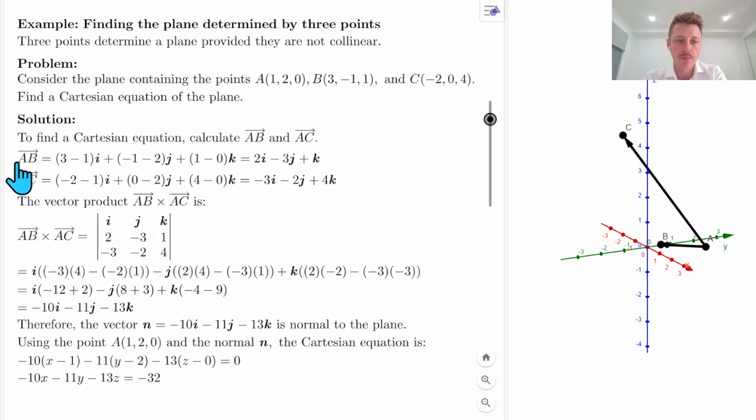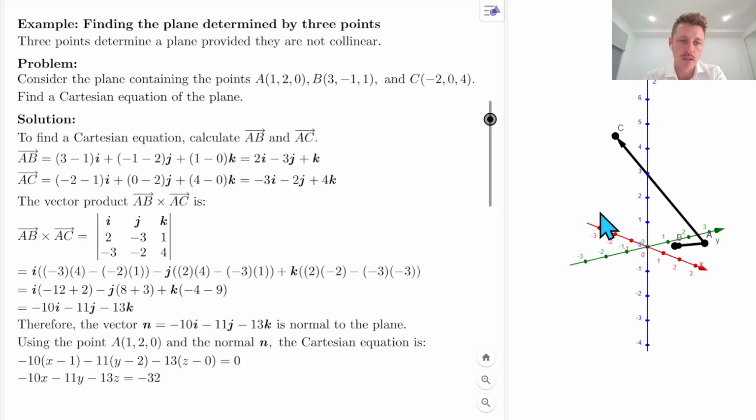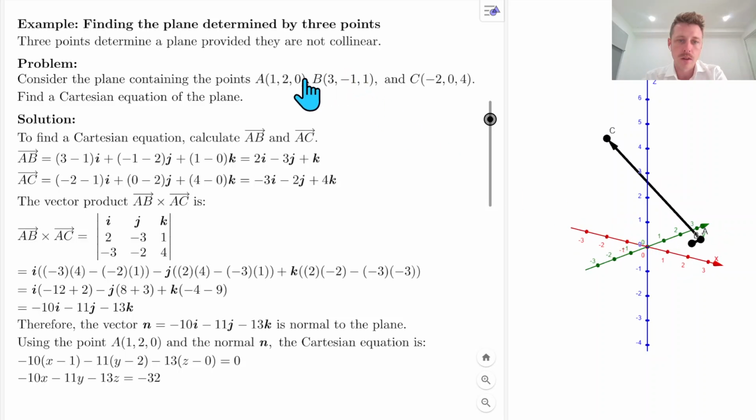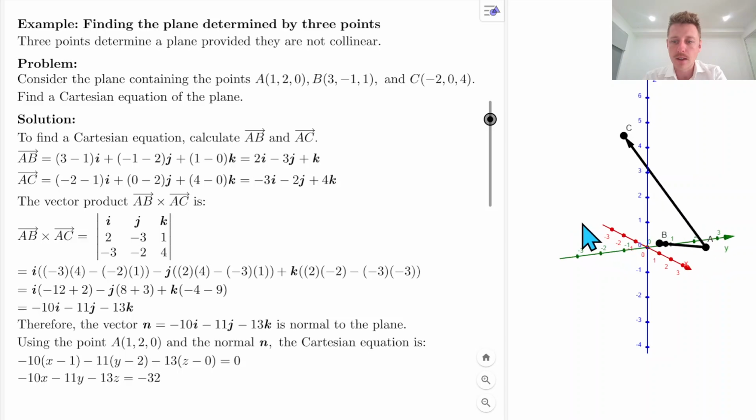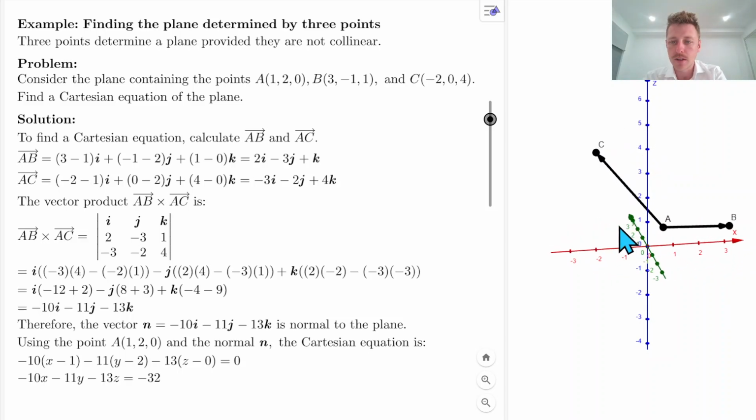Before we do that, we need to define vectors AB and AC. Remember the vector A to B is going to be a vector subtraction.